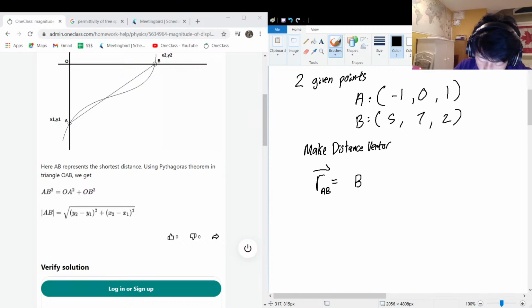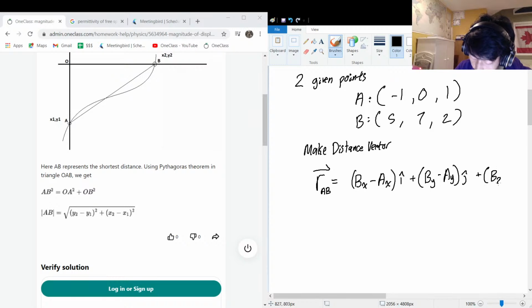It's going to be bx minus ax in the i direction, plus by minus ay in the j direction, and plus, following the same pattern, bz minus az in the k direction.